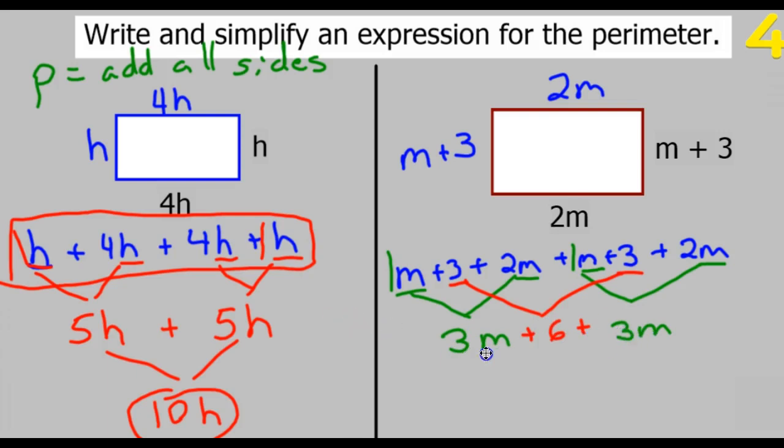There's one more term that I can combine, these two 3m's. 3 plus 3, that's 6. So 6m plus 6. So that equals the same thing as this entire expression. That is our perimeter. Alright, that's it for today.